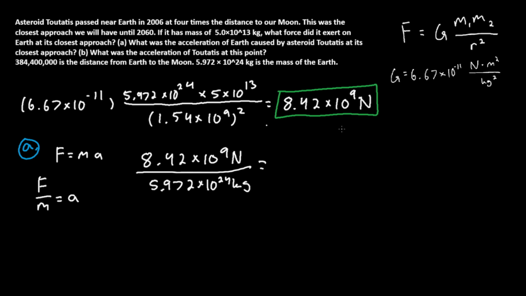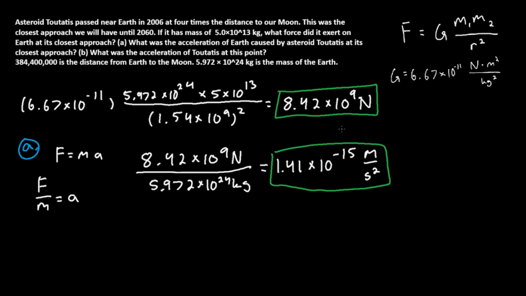Once you divide this, you should get an acceleration of 1.41 times 10 to the power of negative 15 meters per second squared. So Earth is barely accelerating towards this asteroid. The asteroid's doing absolutely nothing to the Earth. Okay, well, what about part B? Let's see what the Earth is doing to the asteroid.